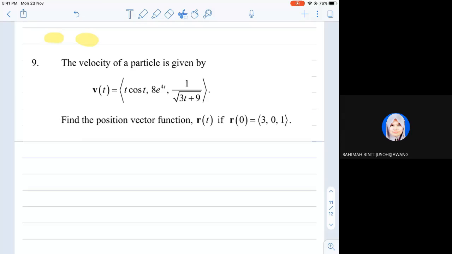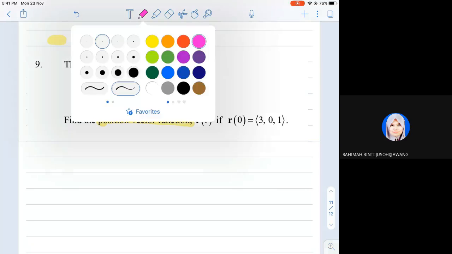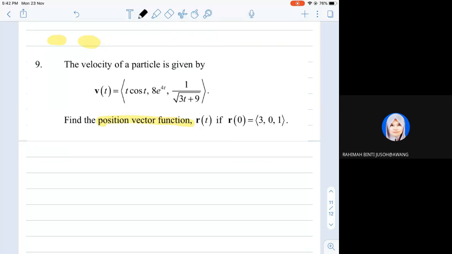What should you do here, guys? You have to differentiate or integrate. Integrate. Yes, what does the question want? The question wants the position vector R(t). So R(t) is equal to integrate V(t).